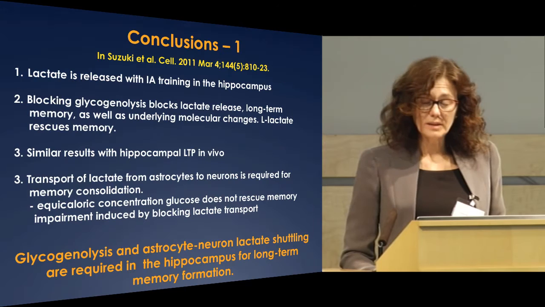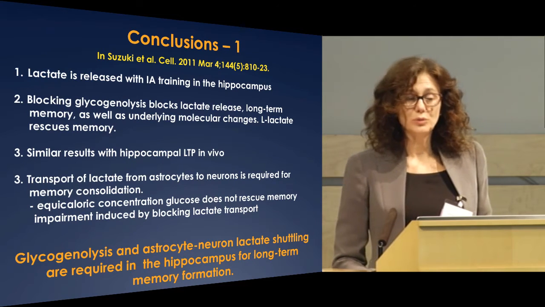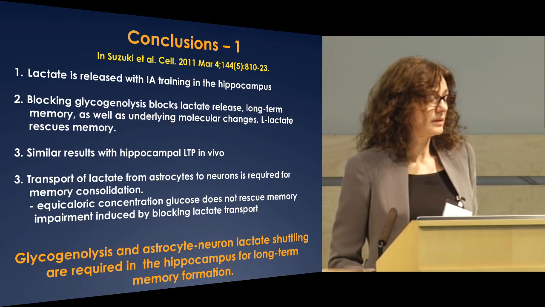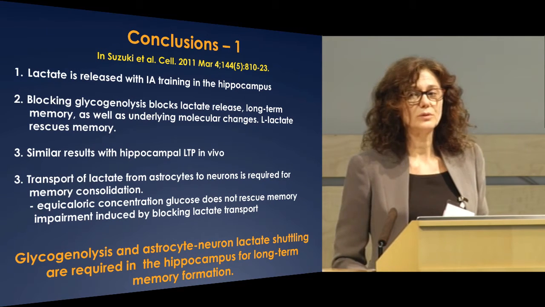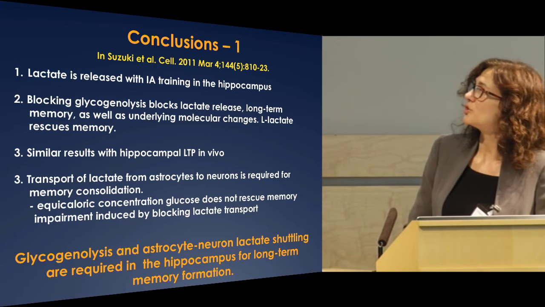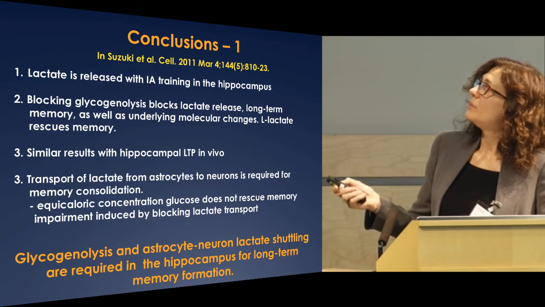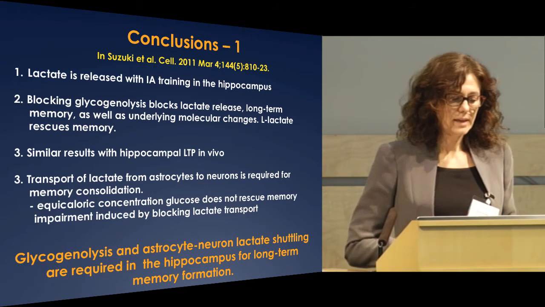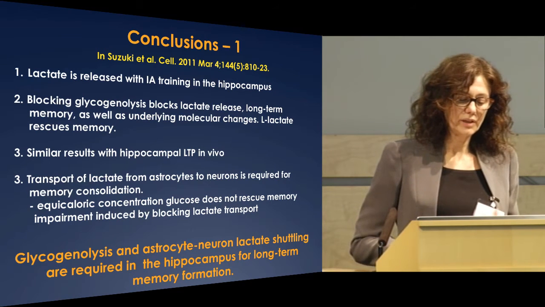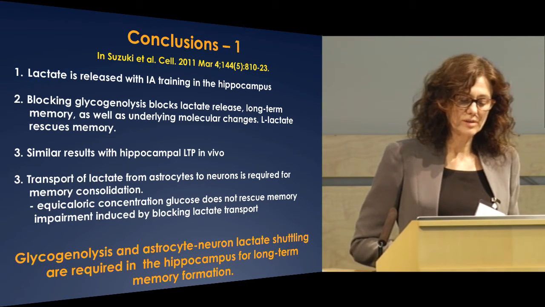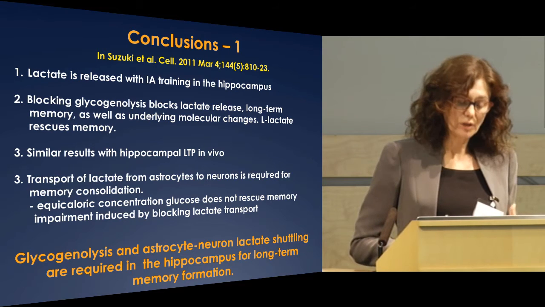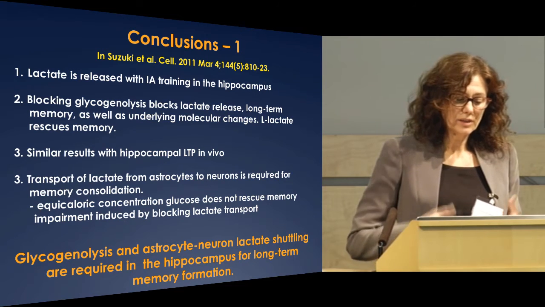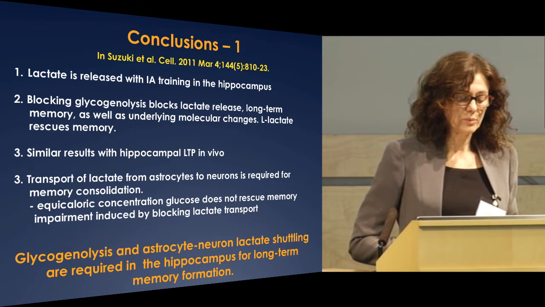So all this data, in addition to LTP, long-term potentiation data, studies done in vivo with collaborators at Mount Sinai, George Huntley's lab, basically led to this first set of conclusions. And that is, lactate is released with IA training in the hippocampus, blocking glycogenolysis blocks lactate release, long-term memory as well as the underlying molecular changes, and lactate rescues these impairments.